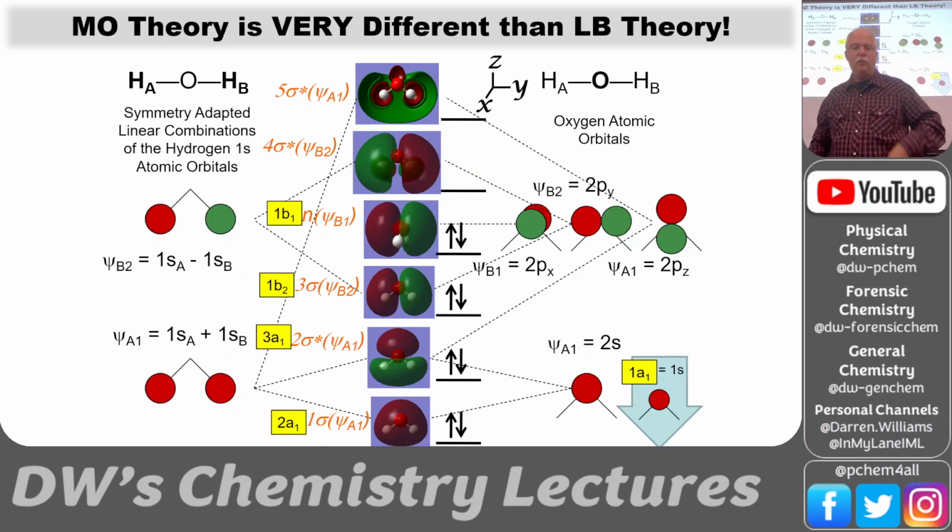Then we could mix in the 2py very easily with the Y combination of these two in phase. That makes sense, right? And then out of phase. Now you can't really see it very well, but this overall thing is the 2py on the oxygen, and inside are the 2 hydrogens that are out of phase with those colors.